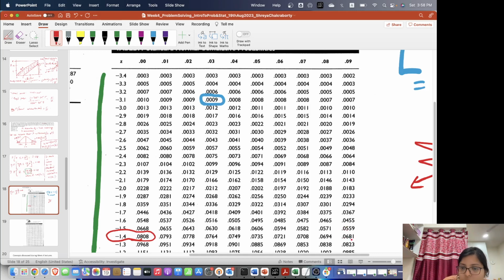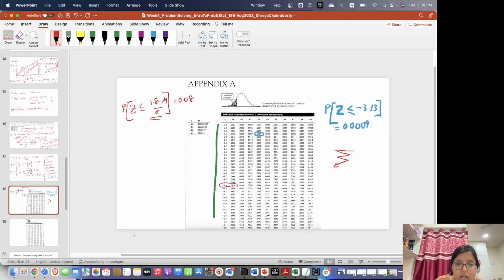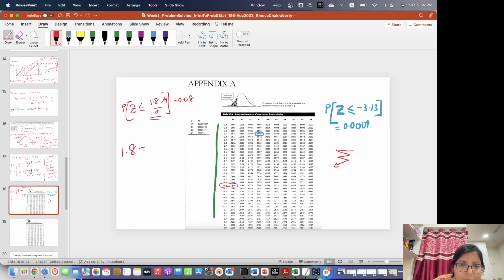So this is 0.061, 0.069, 0.07, 0.0474, 0.079, and here it touches 0.08. So the required value below which the area is 0.08 is minus 1.4. From this table we got that (1.8 minus mu) by sigma is minus 1.4.